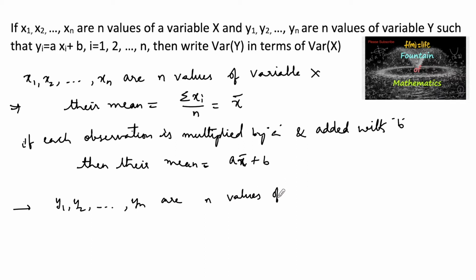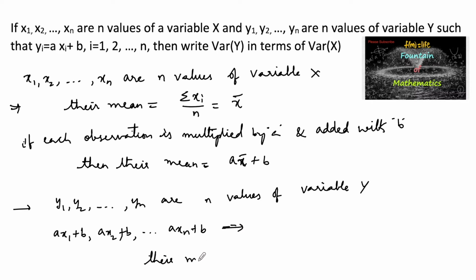which is in connection with the variable x, that is ax1 plus b, ax2 plus b, and so on axn plus b, these are the values, so we can consider their mean.